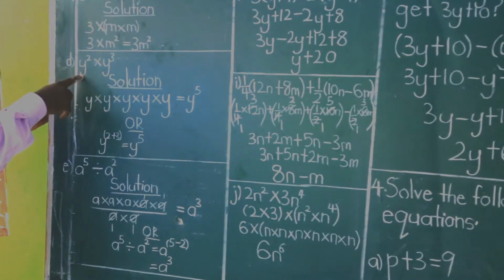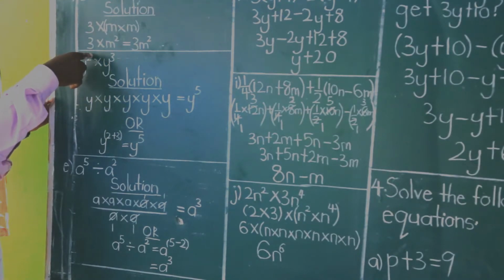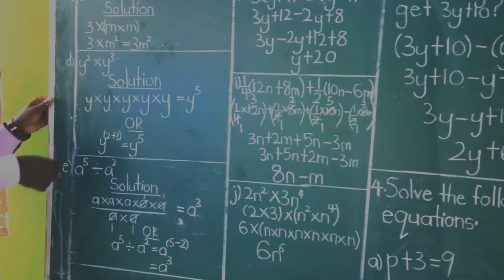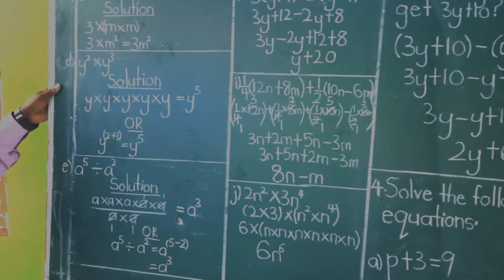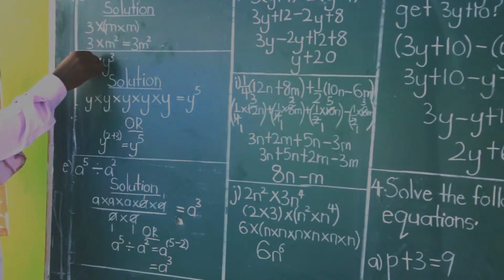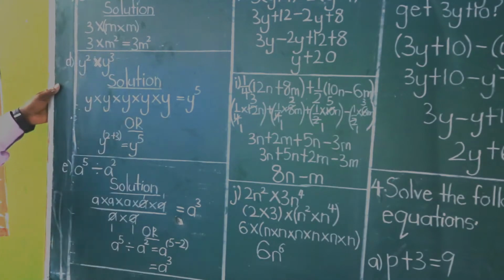So when I say y index 2, y is the base, and 2 is the index. Now I have the same base y here, y and y. So given the same base in multiplication, one adds the indices.